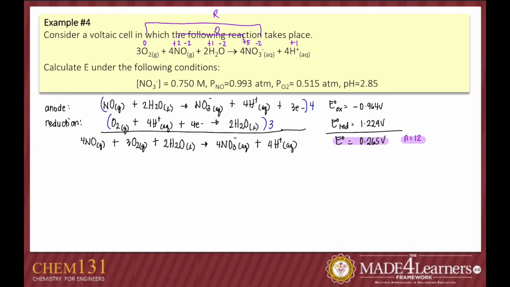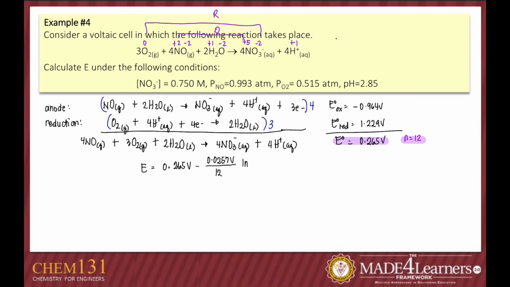Okay, so using Nernst equation, so we can substitute directly. So we're looking for E, and then the standard cell voltage is 0.265 volts minus 0.0257 volts divided by N, which is 12, and then Ln of ang nasa product kay.